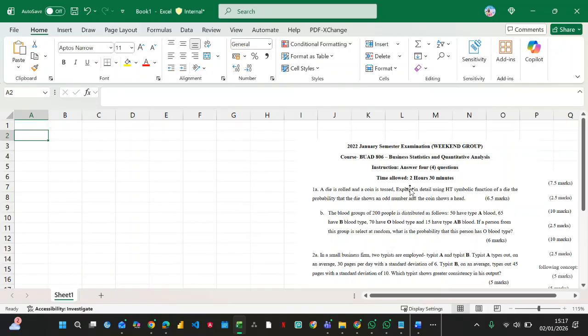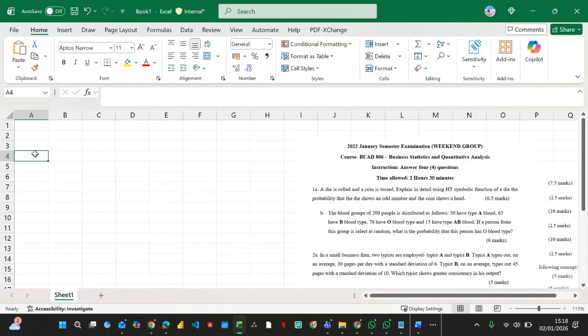So we want to start solving it now. The first thing is to explain in detail using the H, T symbolic function the probability that the die shows an odd number and then the coin shows a head.